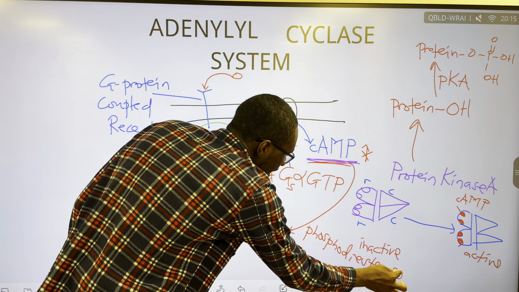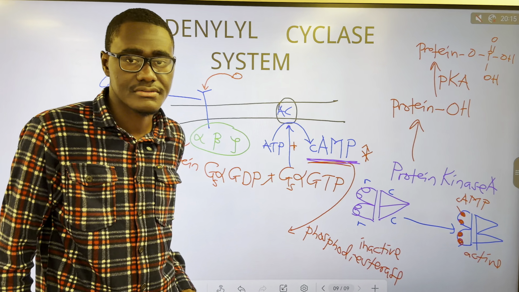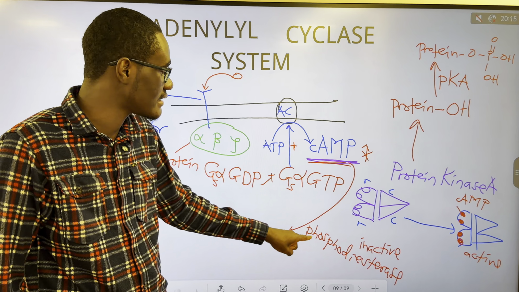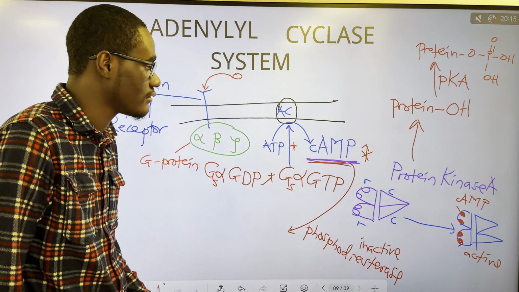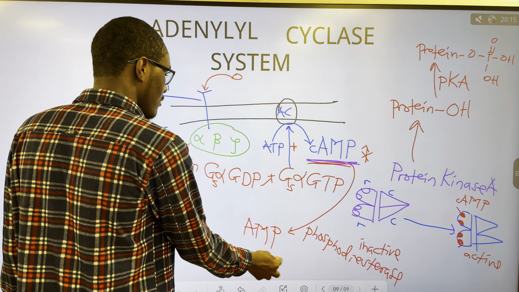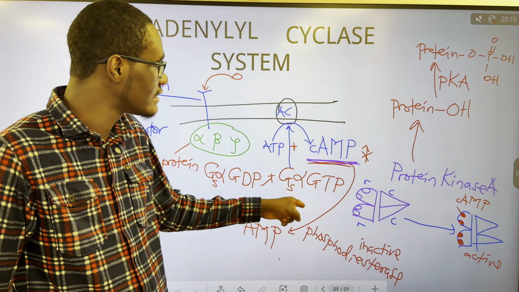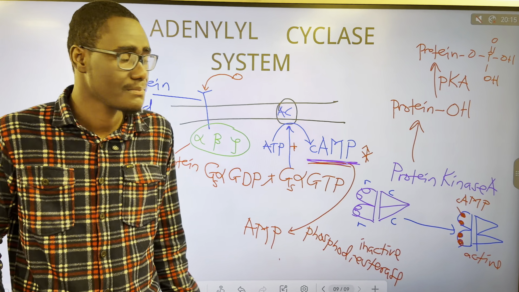As the name implies, it breaks down the phosphodiester bond that the cAMP molecule has, converting it back into AMP. That decreases the level of cAMP and restores the system back to normal.